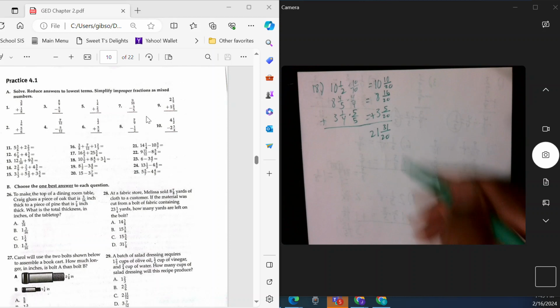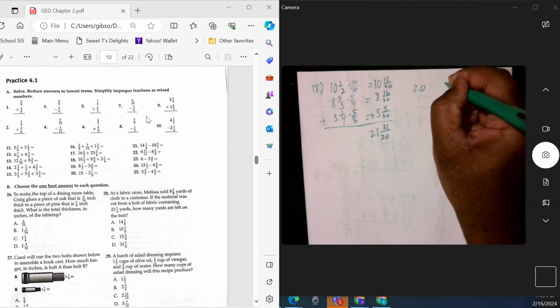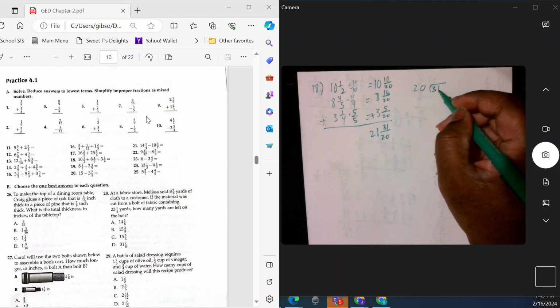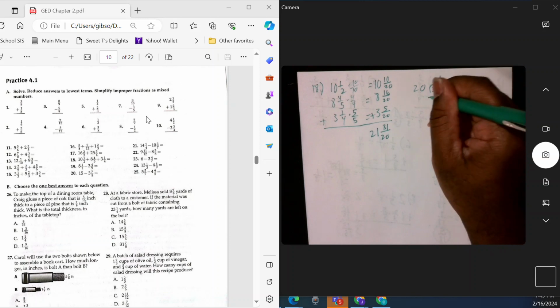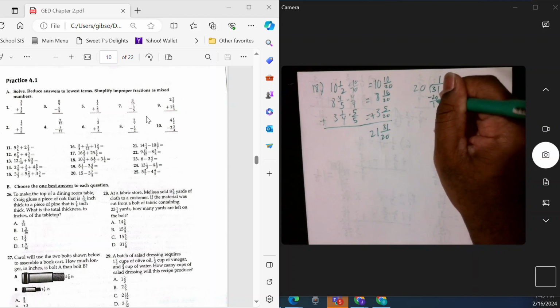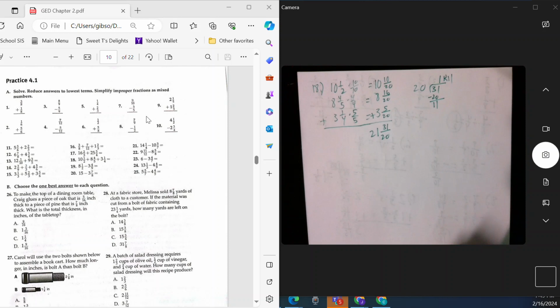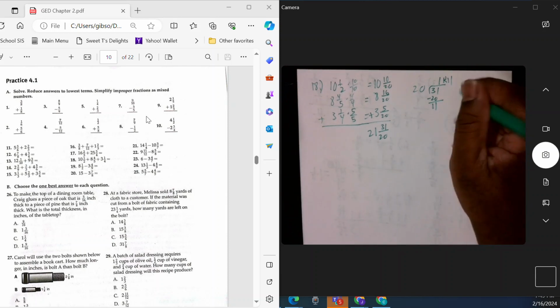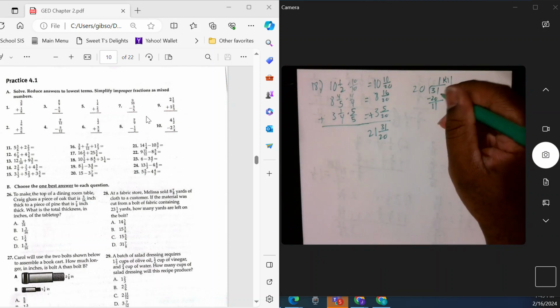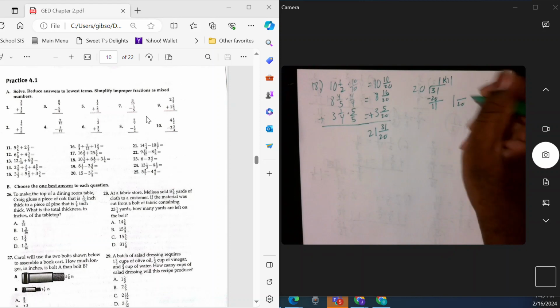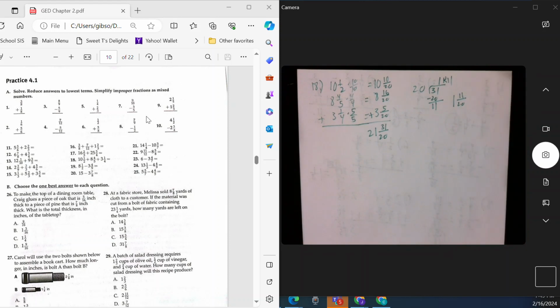So we're going to go off to the side and take 20 into 31. 20 goes into 31 once, and that will leave us with a remainder of 11. So this right here is 1. Our denominator stays 20, and this is 11.